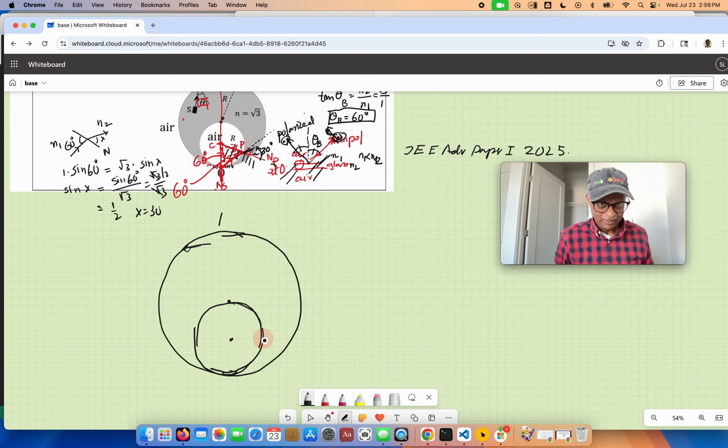Okay, so this is 60 degrees. So this is also 60 degrees. So you can see this is 60 degrees, but it comes out half as much. So if you drop from here, actually this triangle is very simple.